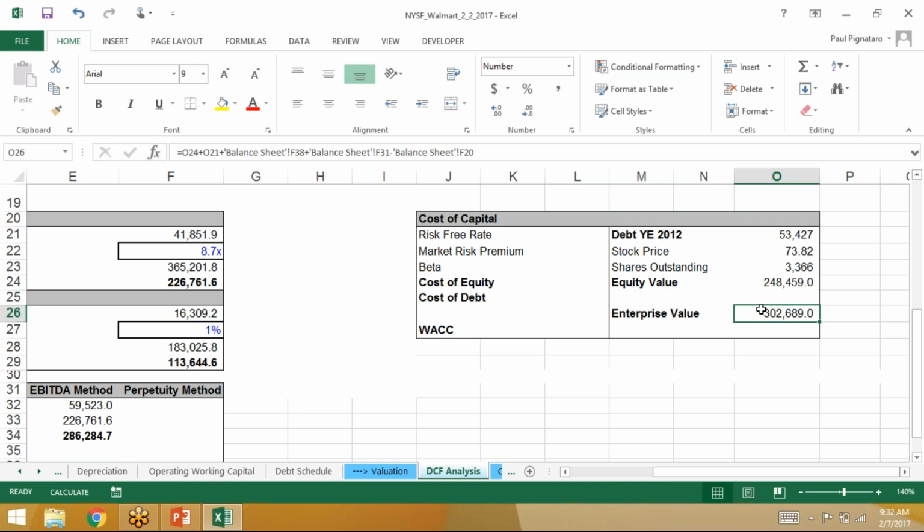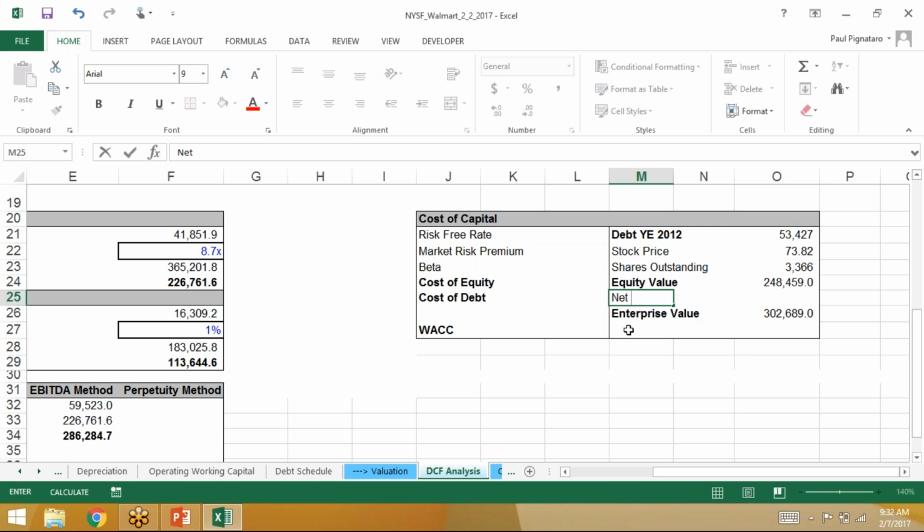What we did was we took equity value and built enterprise value by adding net debt, right? Cash plus short-term debt plus long-term debt minus cash. I want to show net debt as a separate line item so I don't have to pull it in again.